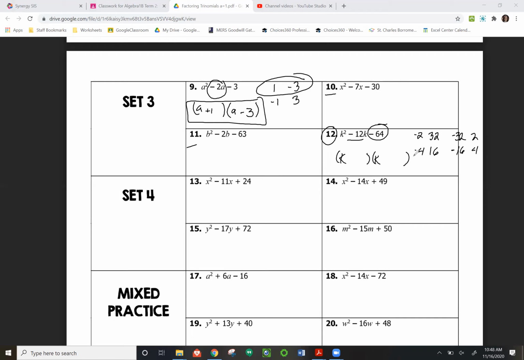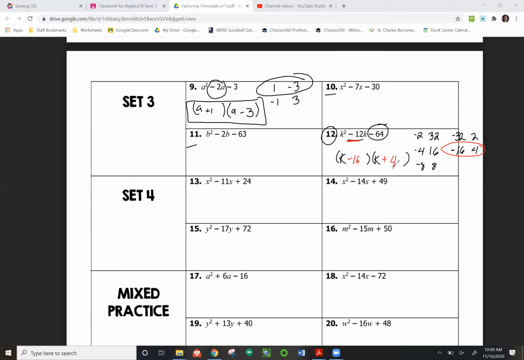I could keep going. I've got -8 times 8, and if you switch it they're both 8, so we're fine. But I think these are my pairs, and also -1 and 64. But I think I see the answer. They need to add together to get -12. Right there: -16 and a +4.